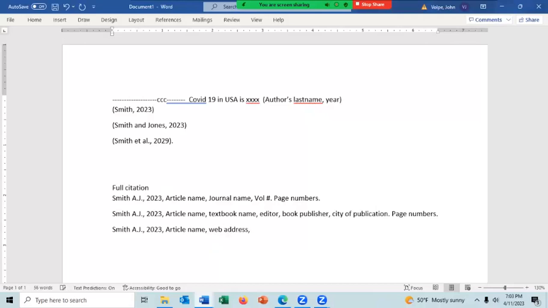If it's a page that can change, you also give the date accessed. And sometimes you give some initials and stuff like that. I don't remember what that's for. Any question about any of that? All right, so that's a full citation.